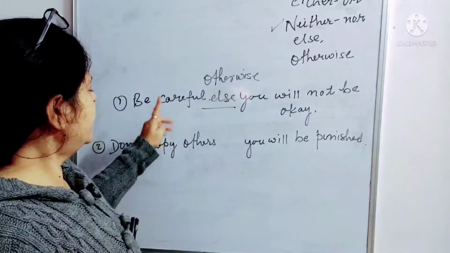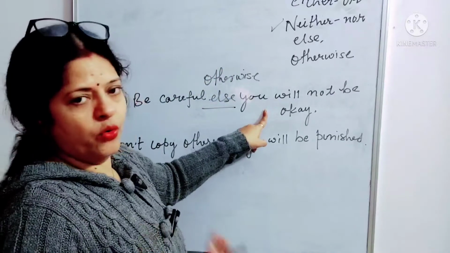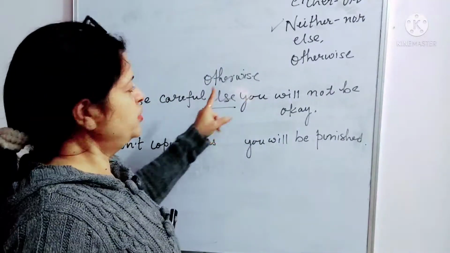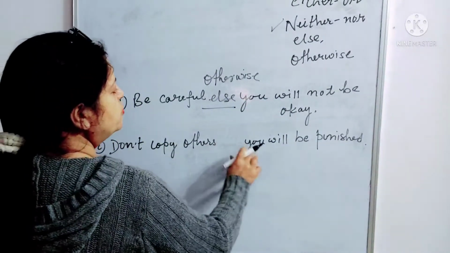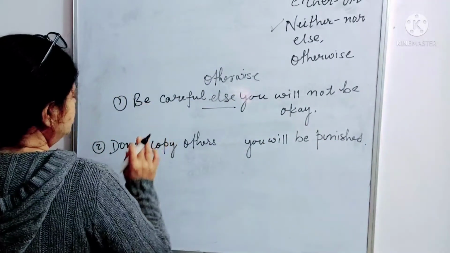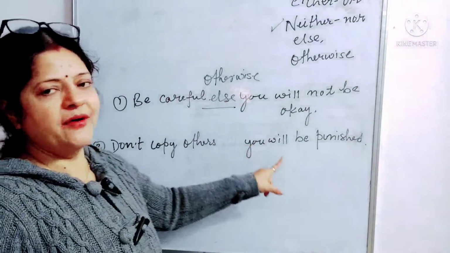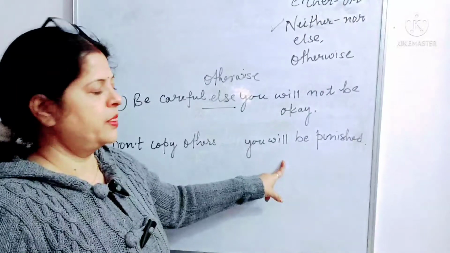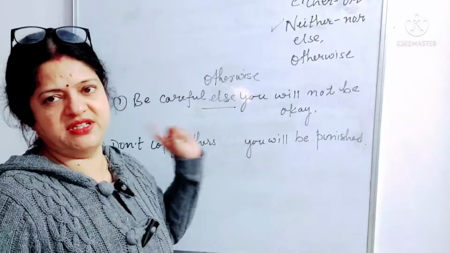So it means that if you don't do this, you will not be okay. Be careful, you will be okay. And don't copy others, you will be punished. So if you do this thing, you will have to face this. If you don't do this, you will not have to face this thing.